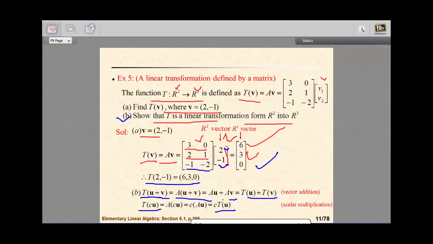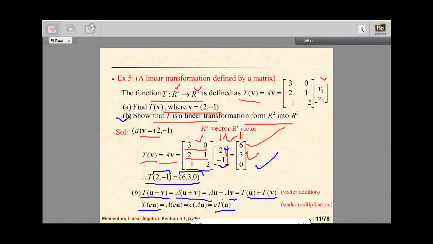What is R square and R cube? R square means we are moving from R square to R cube. Meaning that here you will see this is in R2, this is in 2 dimension. And what is the result?